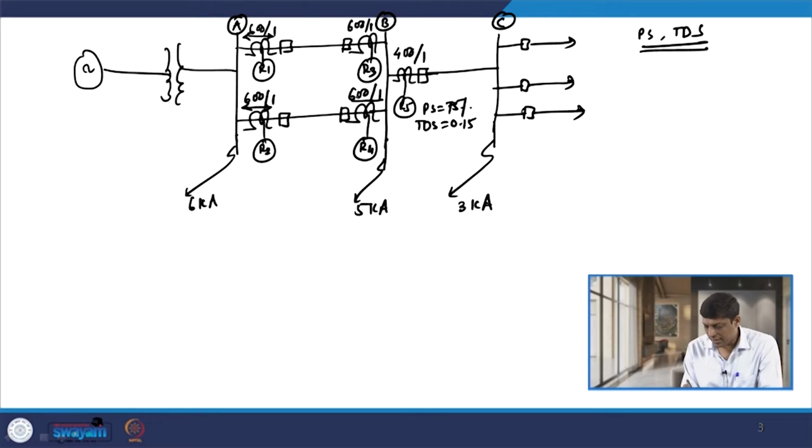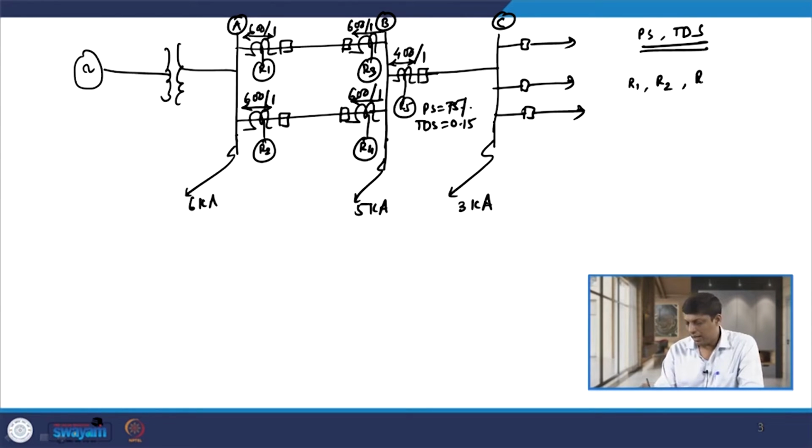So, I indicate with this arrow, the arrow that is away from the bus B. So, R3 and R4 both are directional, and relay R5 is again a bidirectional relay. So, I indicate by a double arrow. So, now let us decide. So, we have relay R1, relay R2 and relay R5. These 3 relays are bidirectional, and relay R3 and relay R4, these 2 are directional relays.